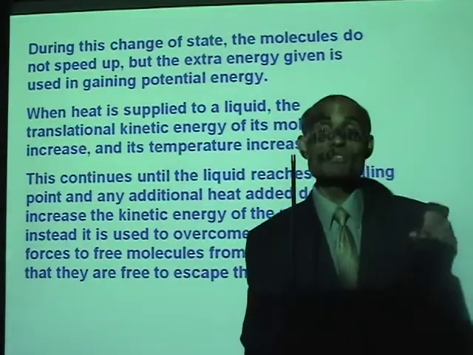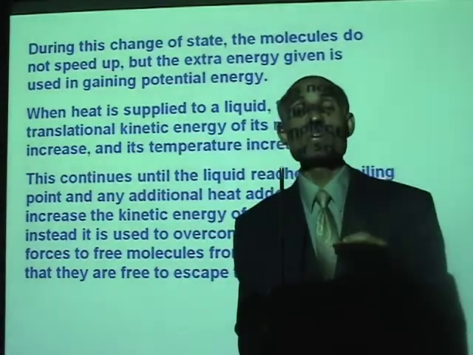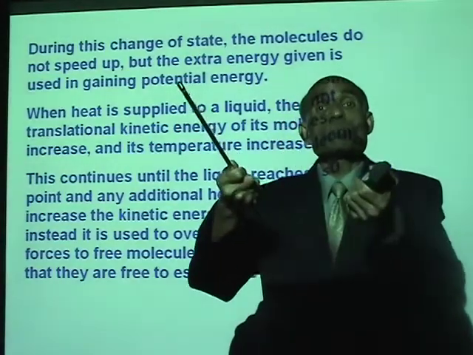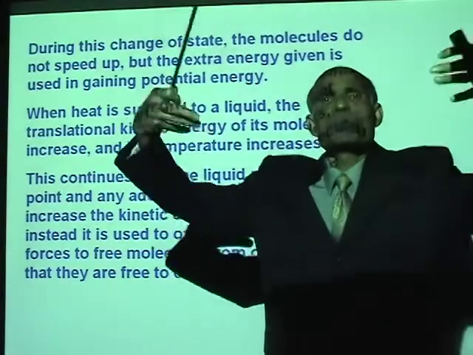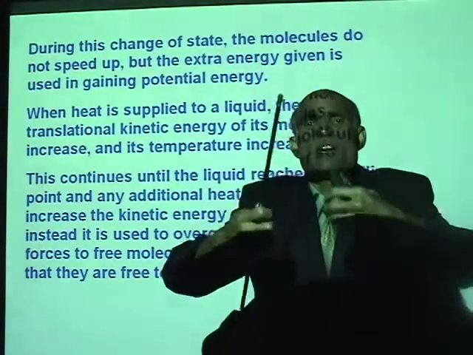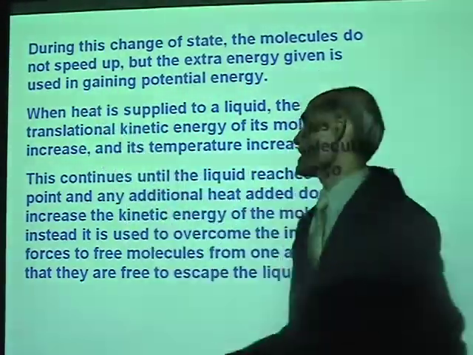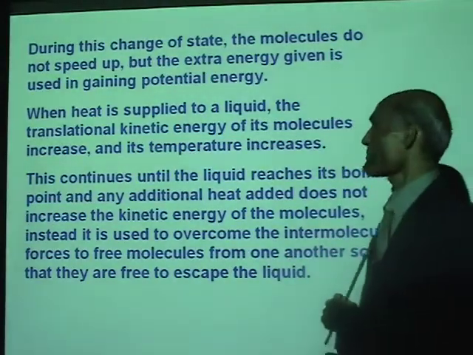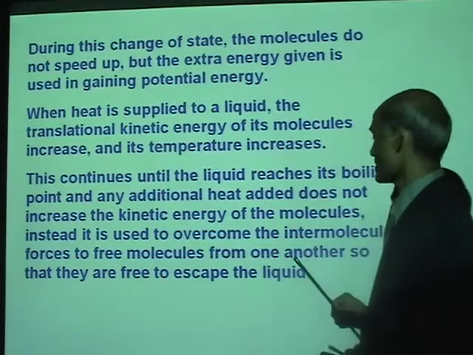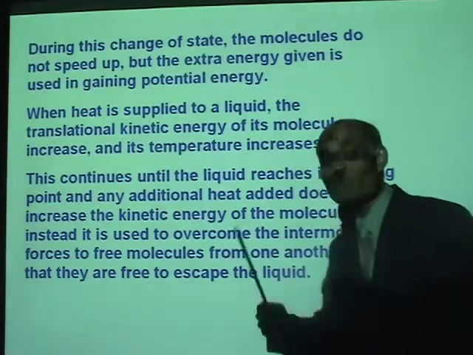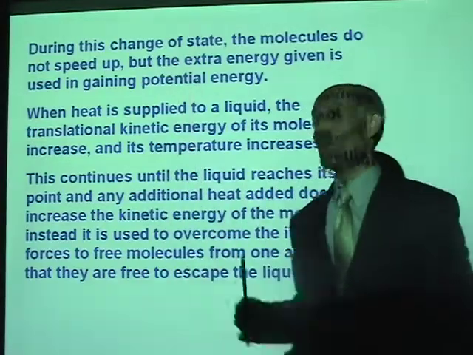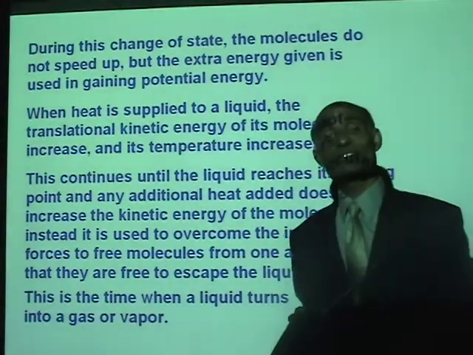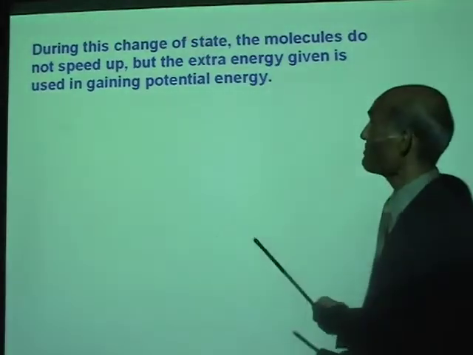At the boiling point, the energy now given to the molecules is used again in breaking the molecular bond so that the molecules become free. They fly away from each other. They gain potential energy. Again, it is used to overcome the intermolecular forces so that they can escape from the liquid to become a vapor. This is the time a liquid turns into a gas or a vapor.